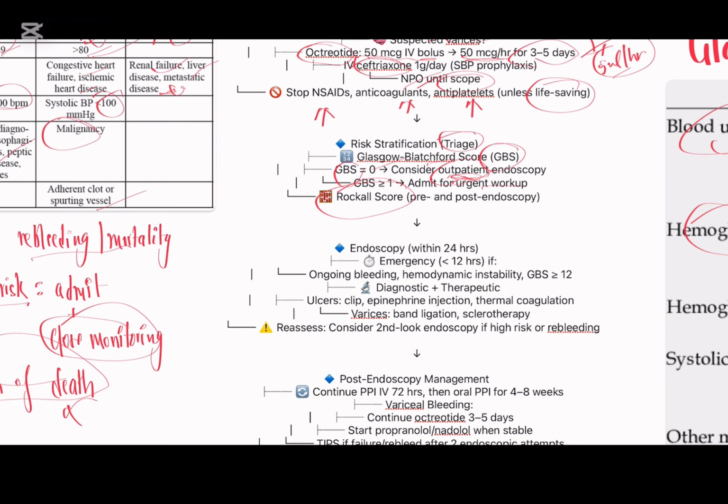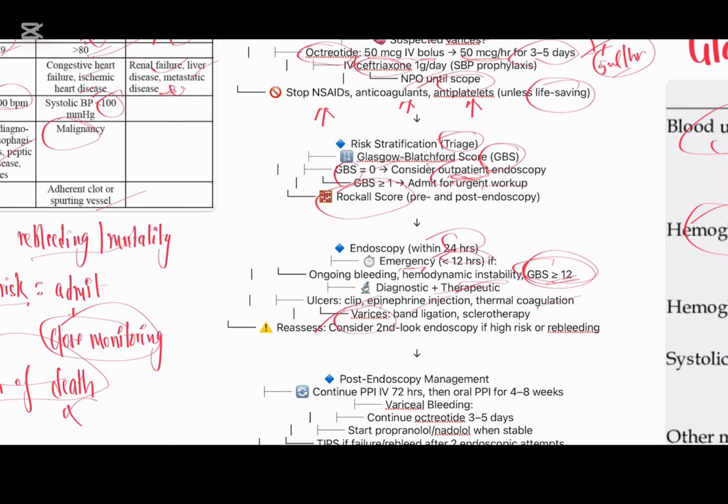Now we should do endoscopy within 12 hours in case of emergency, or within 24 hours in case of other conditions. We should check the GBS. If GBS is 12 or more, then we should go for clipping, epinephrine injection, or thermal coagulation.